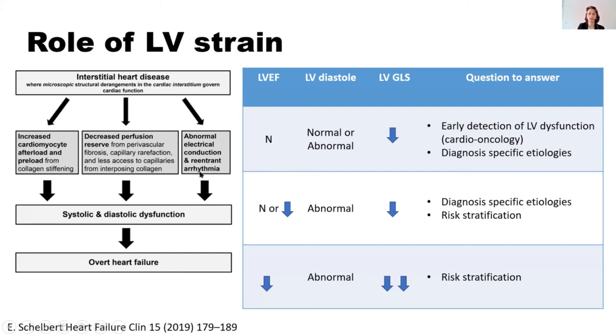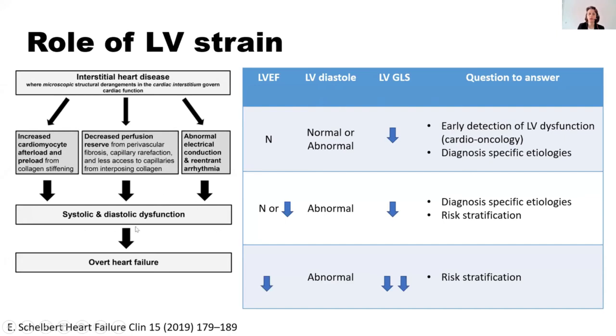And there is abnormal electrical conduction or risk of reentrant arrhythmias. At this stage, the ejection fraction can still be normal, but the diastole probably is going to be abnormal, and one of the reflectors can already be left atrial remodeling, as Dr. Donal and Dr. Sengupta have indicated, and global longitudinal strain is going to be reduced.